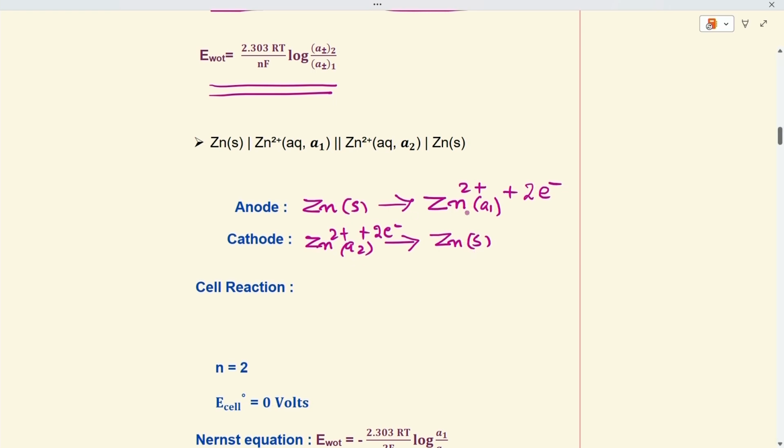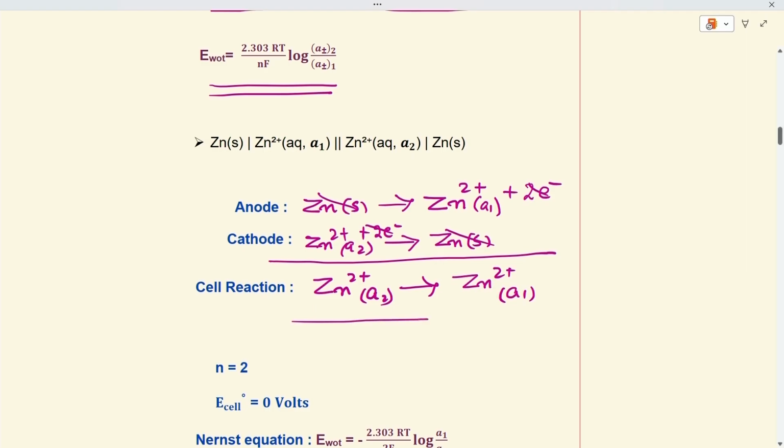So, one is oxidation, the other is reduction. Now, let us take the overall reaction. The 2 electrons on both sides get cancelled, Zn solid on both sides gets cancelled, and the final equation becomes Zn2 plus of activity A2 getting transferred into Zn2 plus of activity A1. This is the cell reaction.